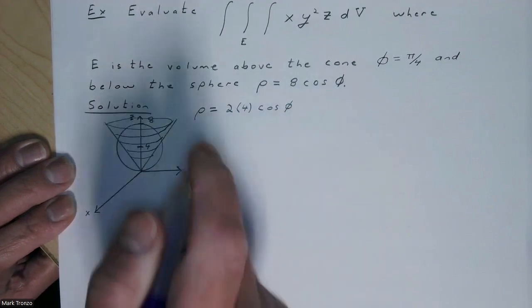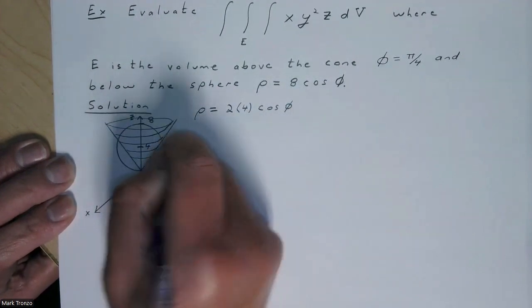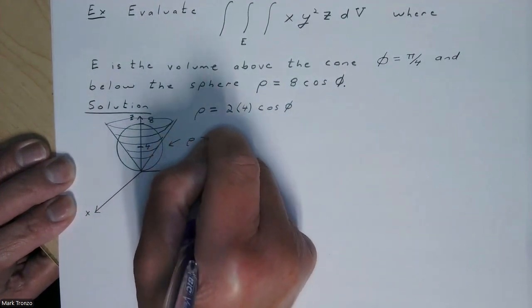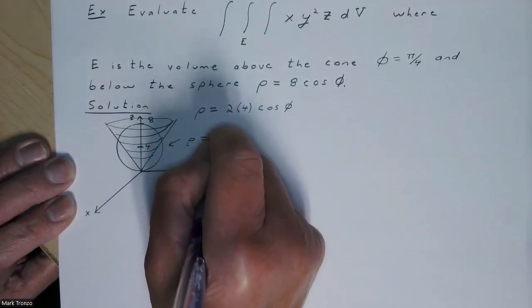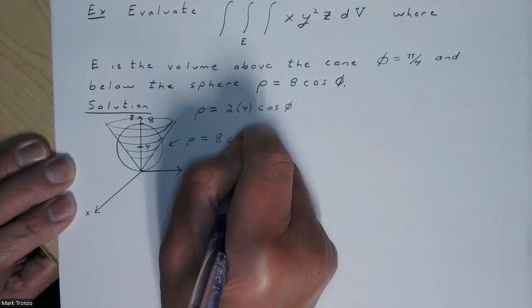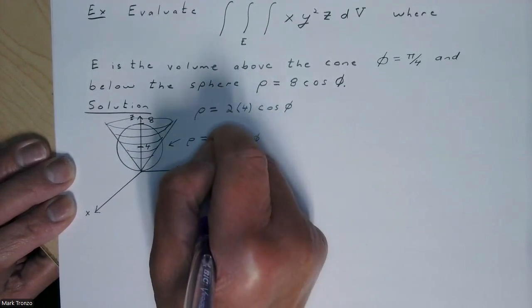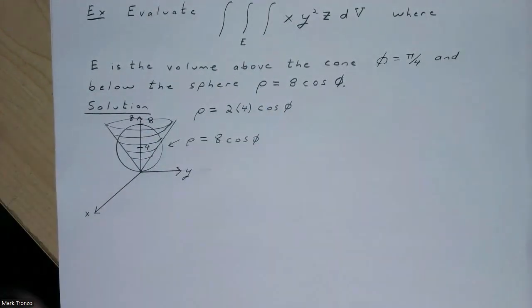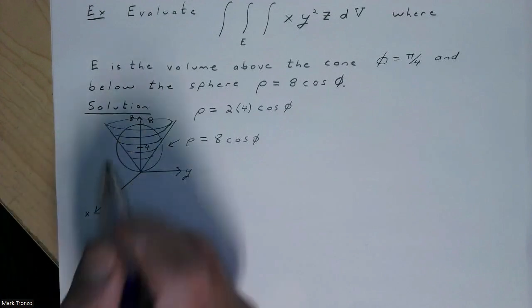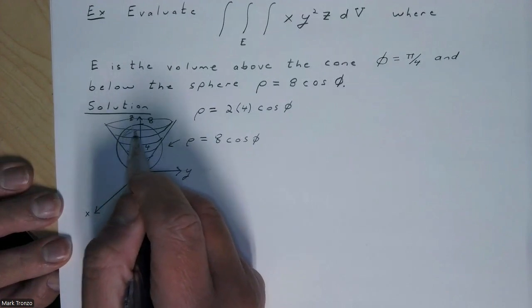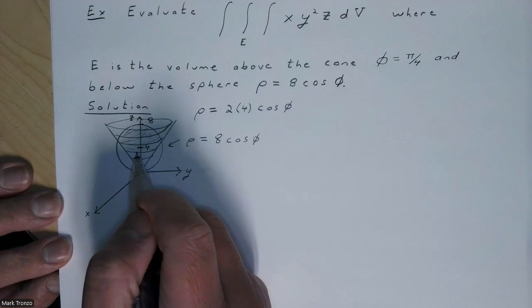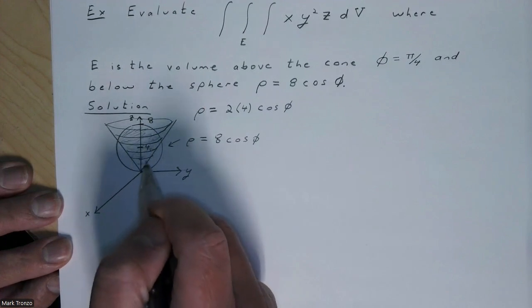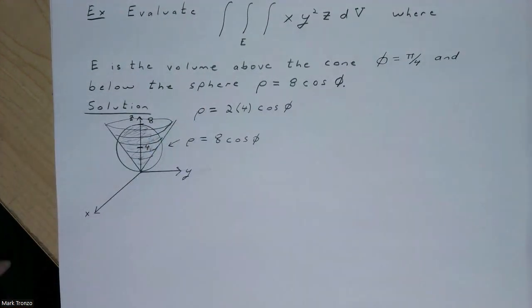Again, remember the sphere is rho equal 2 times 4 cosine, like this. And so that's the region we want. We want this region mainly like right in here. If you can see that shading, we want what's right in here.